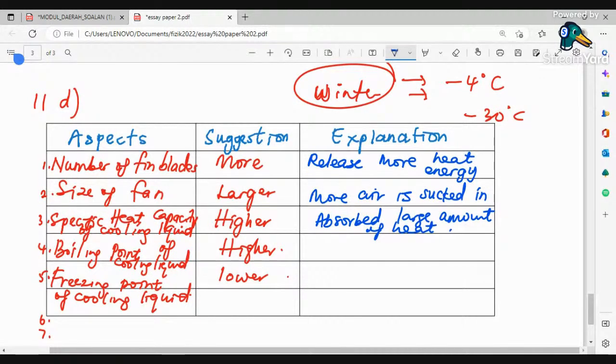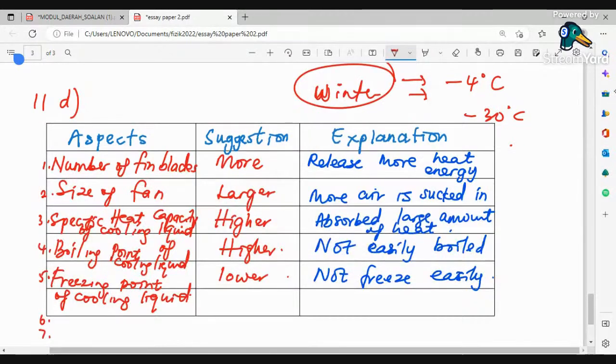Okay, able to absorb large amount of heat. Boiling point must be high so that not easily change to steam or not easily boil. Okay, freezing point not freeze easily or change to solid. Okay, so you have 5 points here.